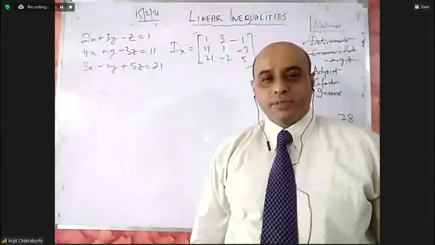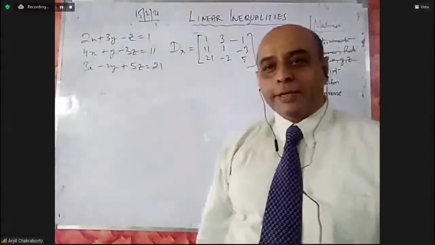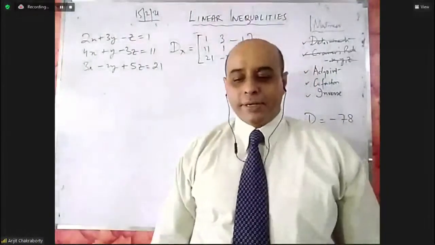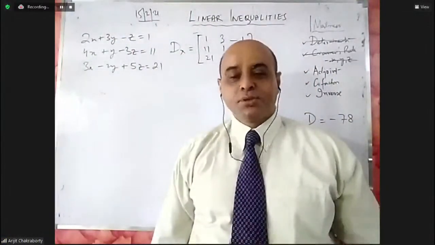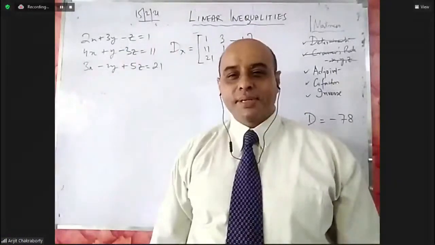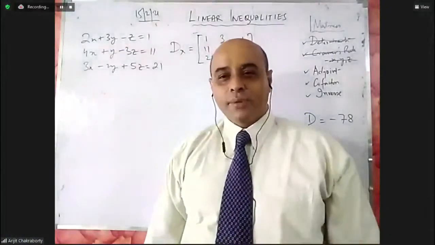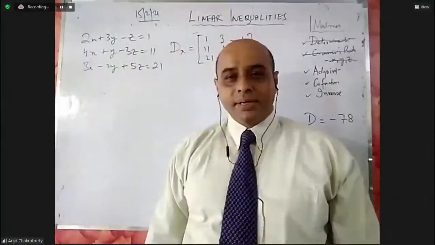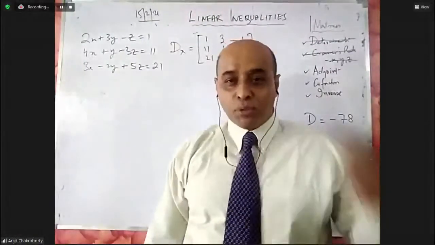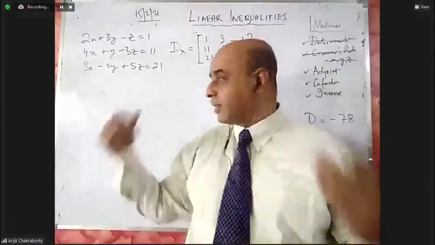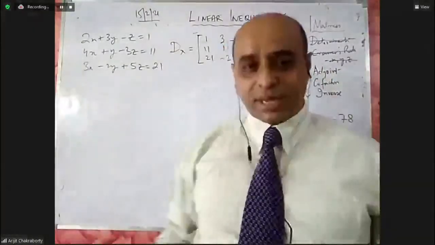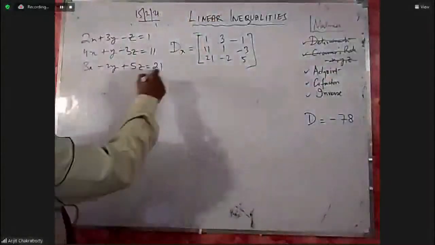So this is a bit of hard work. I can understand, compared to the determinants and Cramer's rule with 2 unknowns, this is a bit more hard work, but I know you will do it with a smile, right? Because mathematics is interesting, and the more brain work, the more calculations you do, the brain becomes sharper and sharper. Okay, so let's work it out and see.